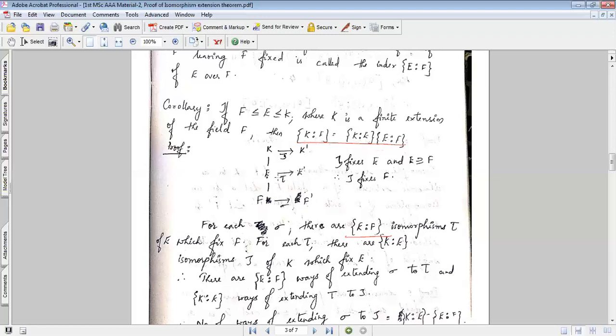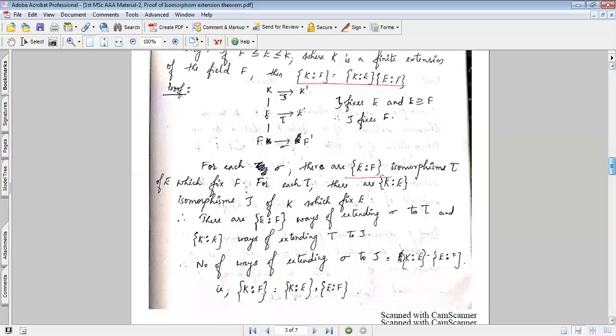For each tau, you can find index of K over E isomorphisms which fix E. Just go through it once more: for each sigma, you can find index of E over F isomorphisms which fix F, and for each tau, you can find index of K over E isomorphisms which fix E.